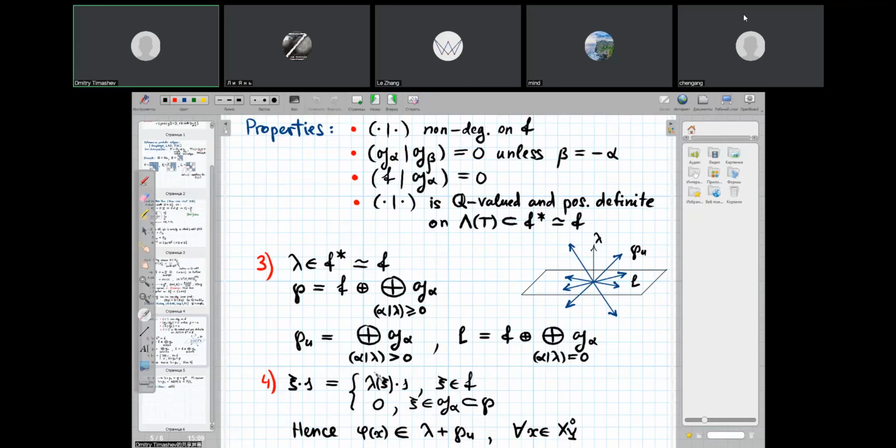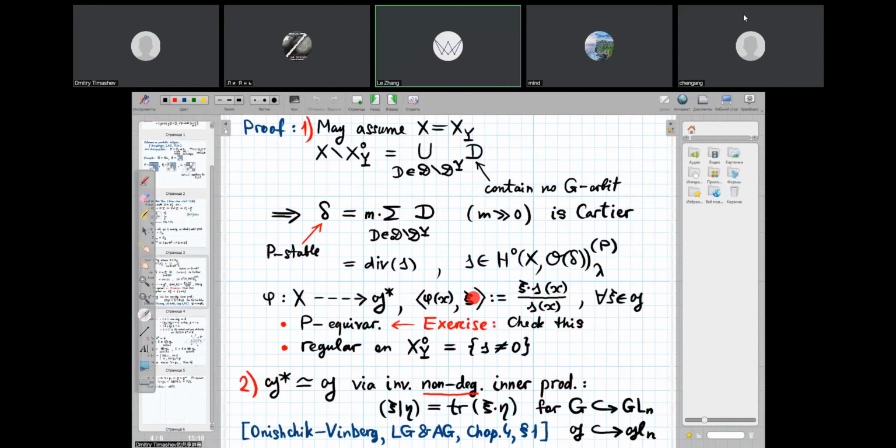I'm just asking why there is an inner product in the action of phi x on psi.